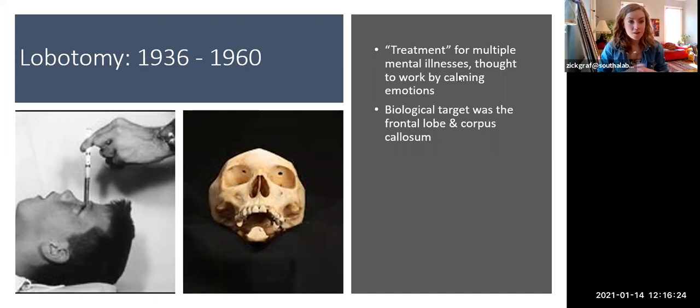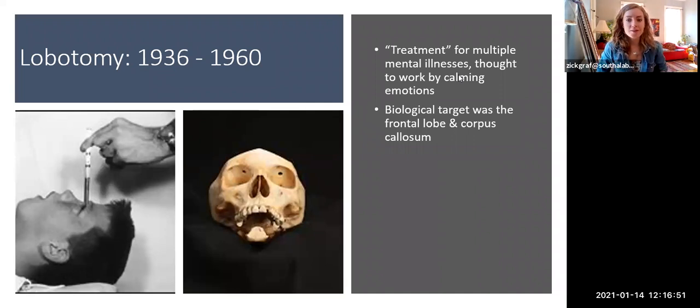But the goal of the lobotomy, the sort of biological theory of mental illness, was that something about the brain of people with mental illness, and different lobotomists had different theories, but actually there wasn't a lot of theoretical basis to this. But something about severing the two hemispheres of the brain, interrupting communication, could treat mental illness by just sort of overall calming a person's emotions.